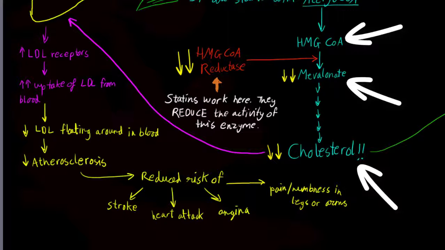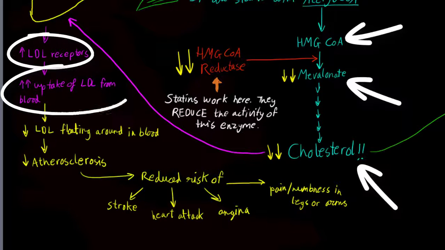And when the level of cholesterol goes down, the liver expresses more LDL receptors. The liver is able to sponge up more of the LDL floating around in the blood, and as a consequence, there's a reduced risk of atherosclerosis, and those people who are at risk of stroke and heart attack are less likely to experience those unfortunate events.